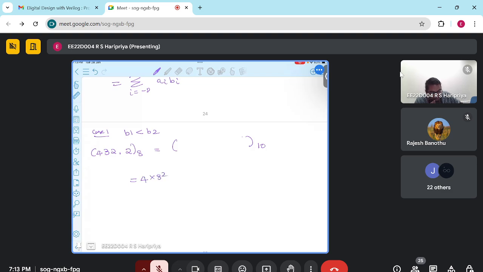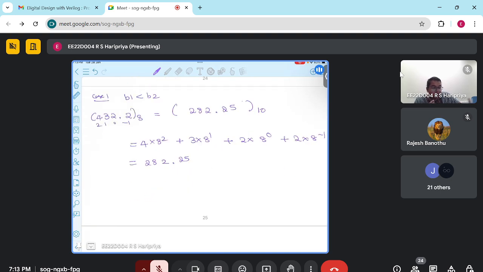So 8 power 2, 0, 1, 2, minus 1, plus 3 into 8 power 1, plus 2 into 8 power 0, and this gives 282.25.